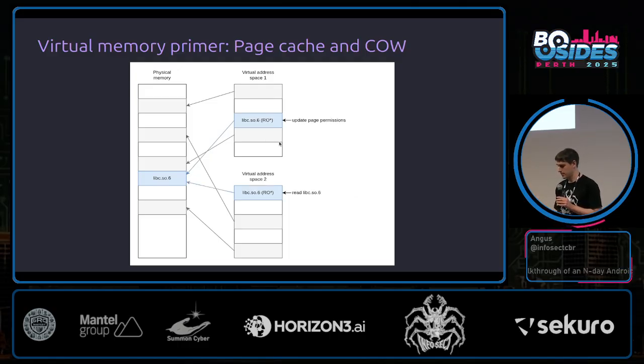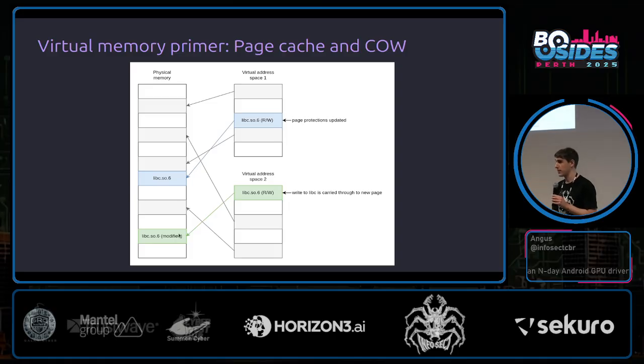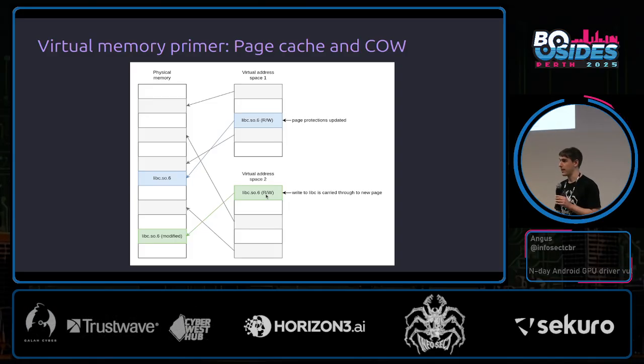So what the operating system does is it marks those pages as read-only temporarily, so both processes can happily go and read data from those pages. And when one goes to attempt to write to it for the first time, it'll trigger a page fault, at which point the operating system is going to make a duplicate copy of that underlying physical memory and update the mappings accordingly, giving them full read-write access.